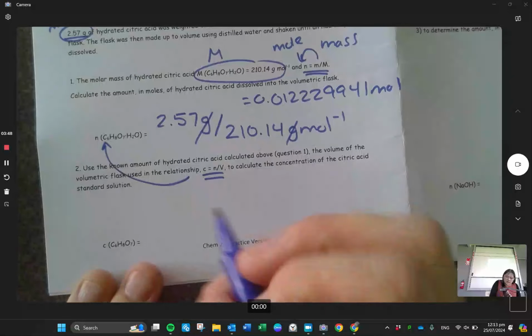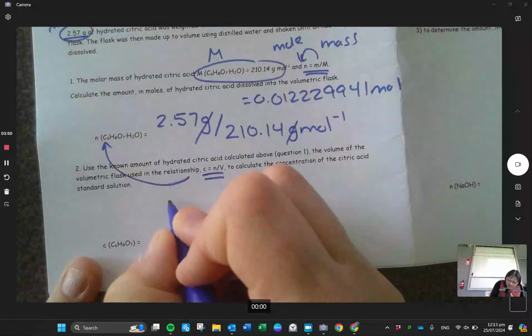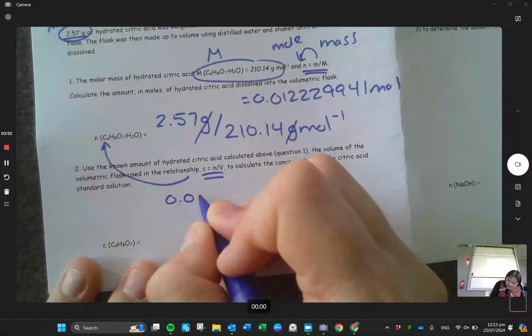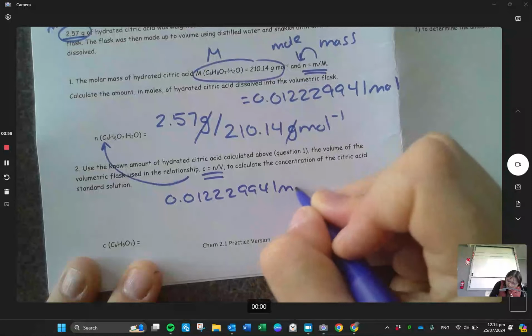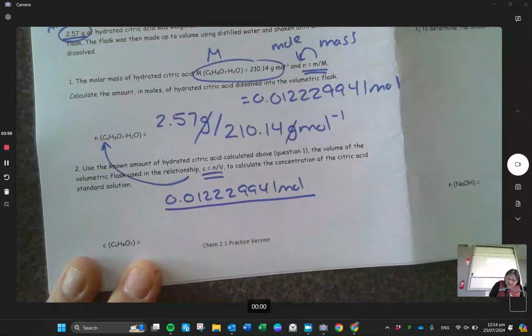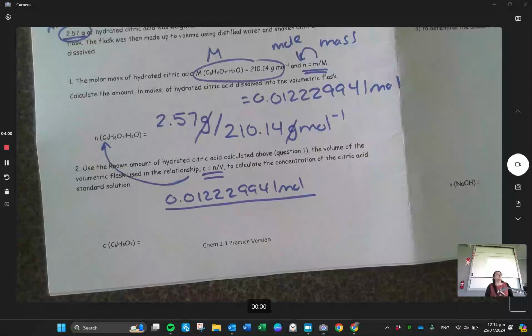So n is equal to the answer before, 0.012229941 moles. And then I'm dividing it by my volume. Be mindful, volume needs to be in liters because we talk about things as moles per liter. So we need to convert any milliliters to liters. Since that's 250 milliliters, there's 1,000 mils in a liter, I divide it by 1,000.